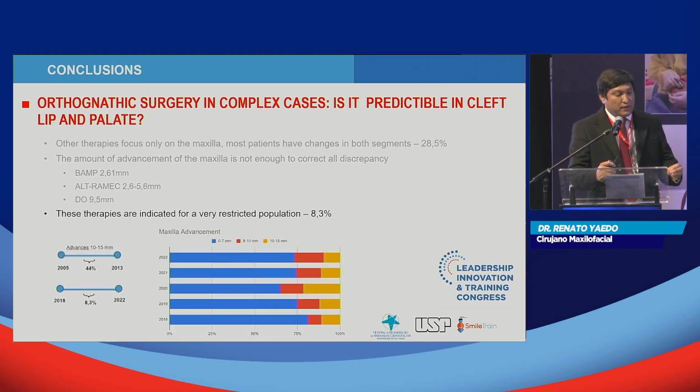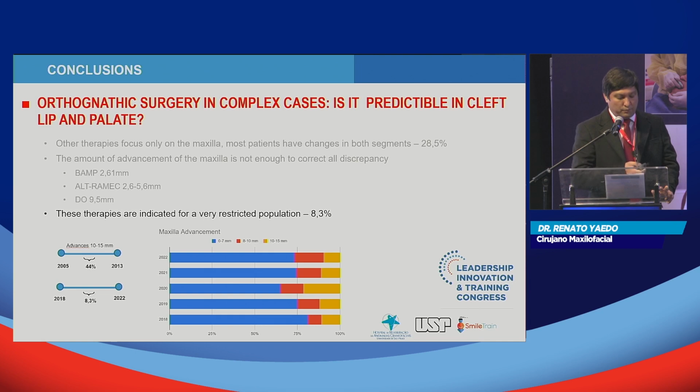These therapies are indicated for a very strict population. In our sample, around 8%, because these patients need more than 10 millimeters forward movement in the upper jaw. It has changed over time. In the past, this number was 44% of our patients, and today is around 8%.